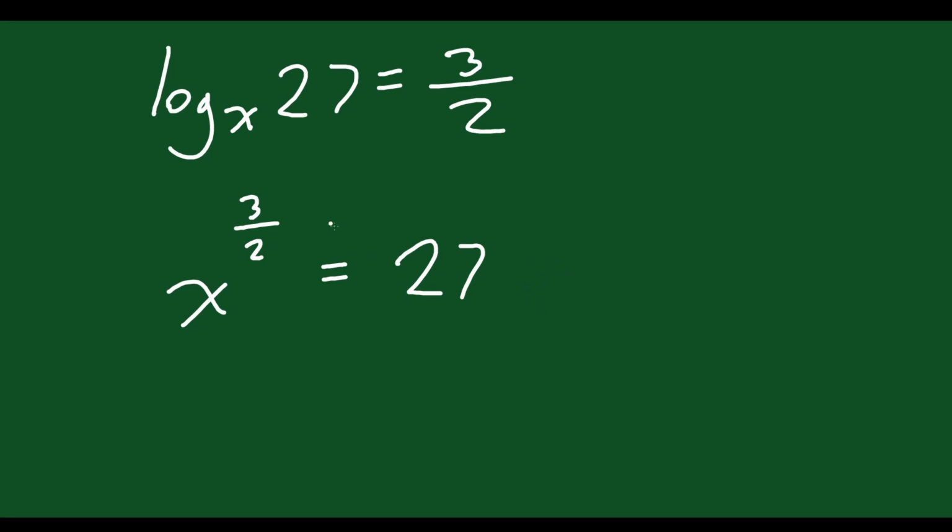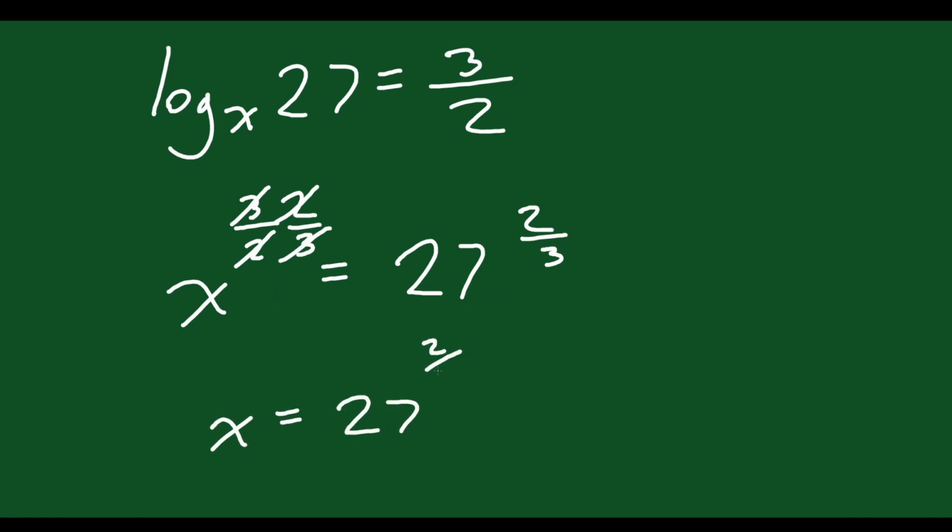What I mean by that is if you were to square both sides, which you can do, those would cancel, right? And if you take the cube root of both sides, or divide by 3 in the exponent, those would cancel. And so if you have x to the 3 over 2 equals 27, you could also write x equals 27 to the 2 over 3.